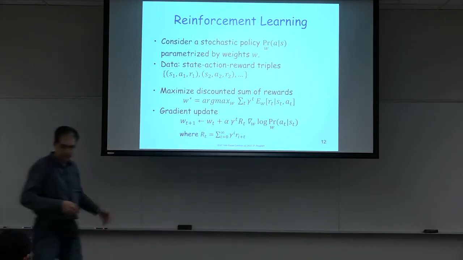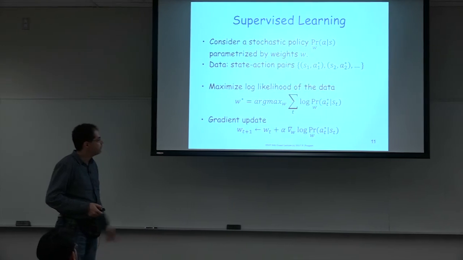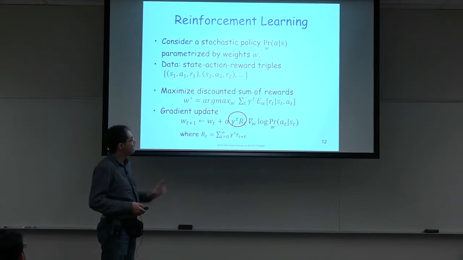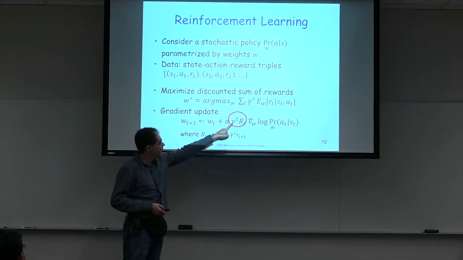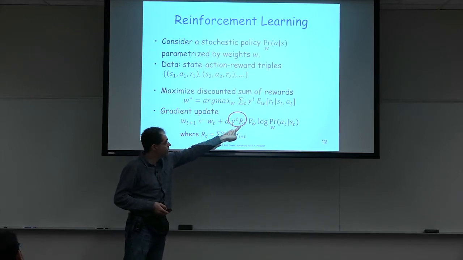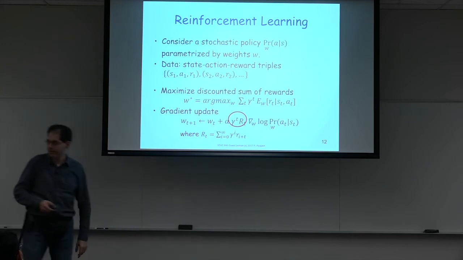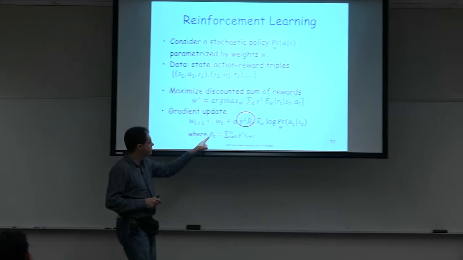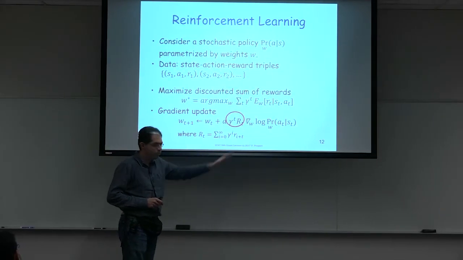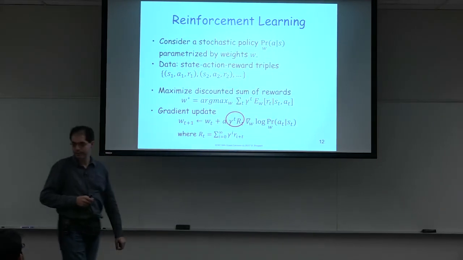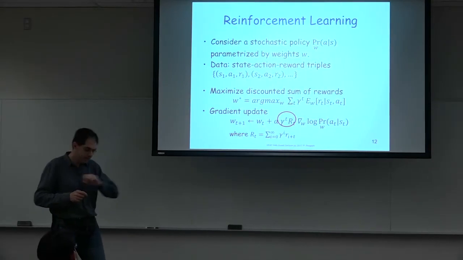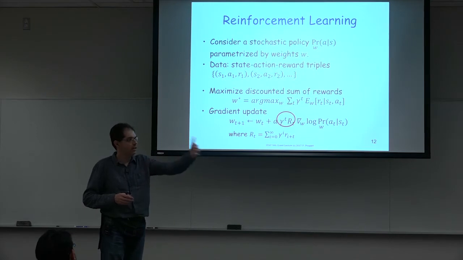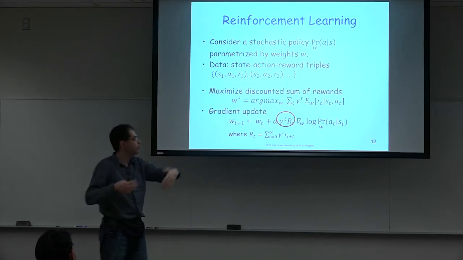If you look carefully, this equation is not very different from this equation here. The main difference is just this here, where we have a gamma raised to the power of t, and then RT. That's the only difference. Here, RT is the sum of the rewards in one trajectory. Let's say that we execute the policy and take a sequence of actions till the end of the horizon, which might be infinite.